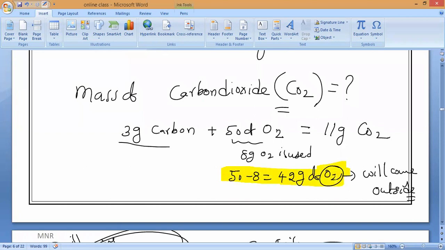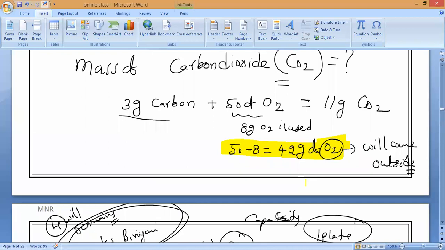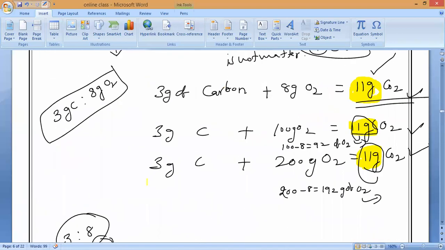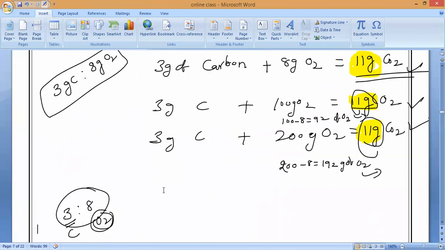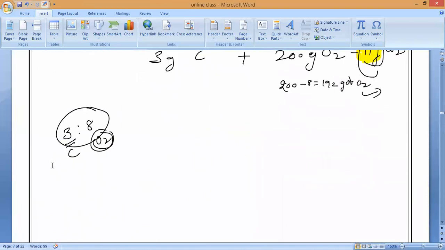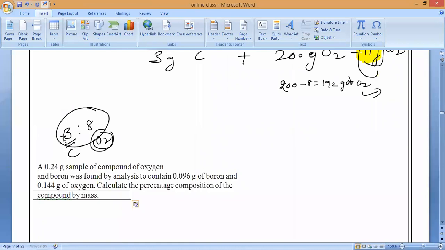Yes, the extra oxygen, you can write 50 minus 8, 42 grams of oxygen, will remain unreacted. Is it okay, guys? Any doubt?